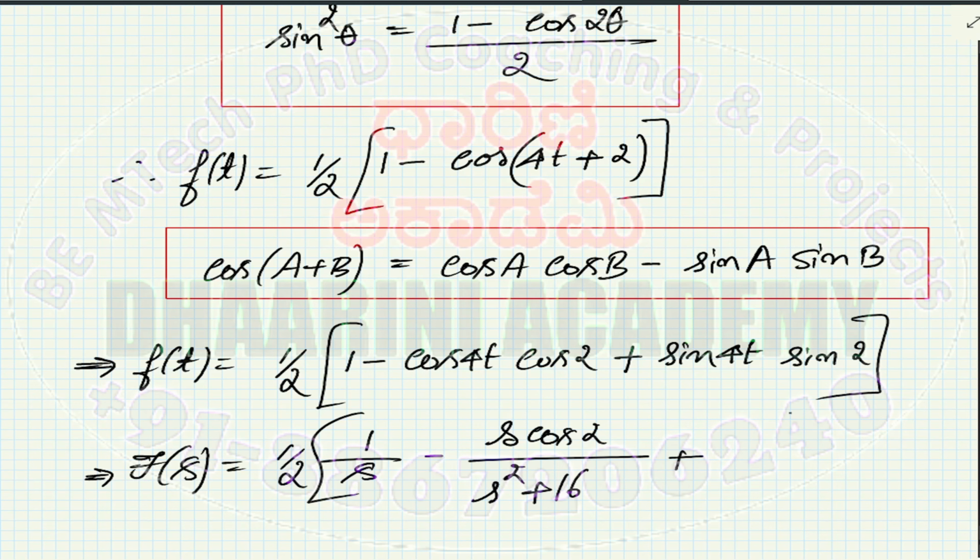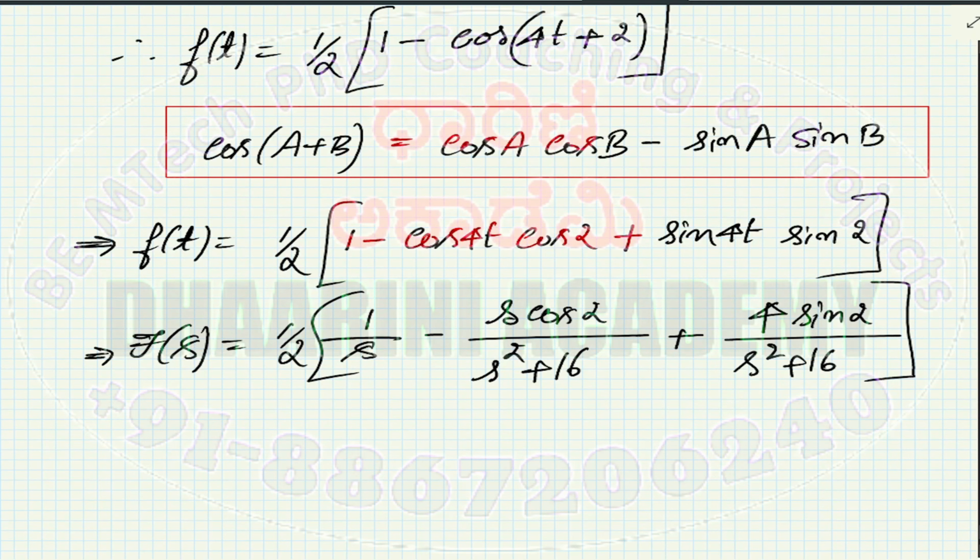Then plus, this is a sine function, right? So a divided by, so 4 into sine 2 whole divided by s square plus 16. We can simplify this further by taking the common denominator if required.